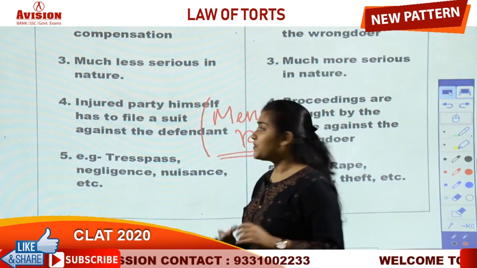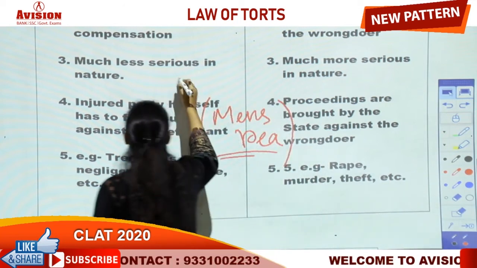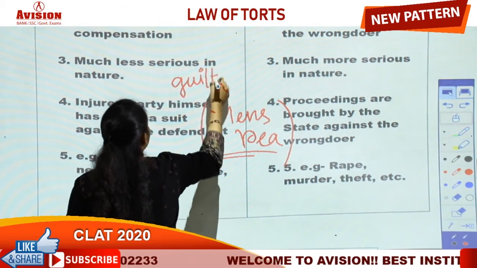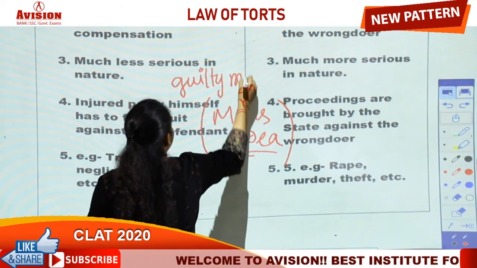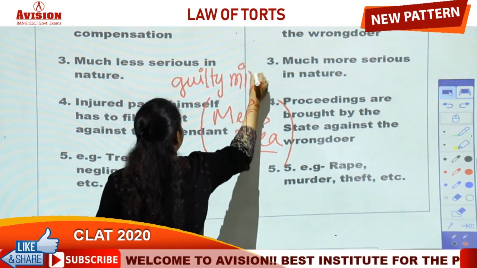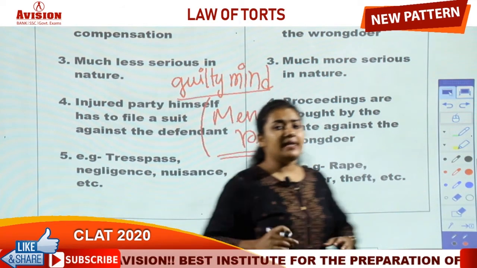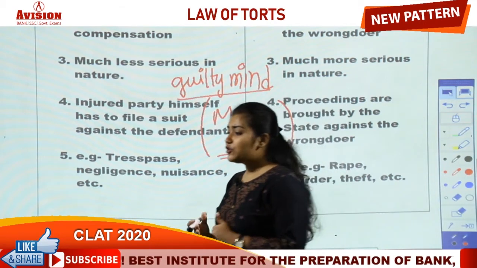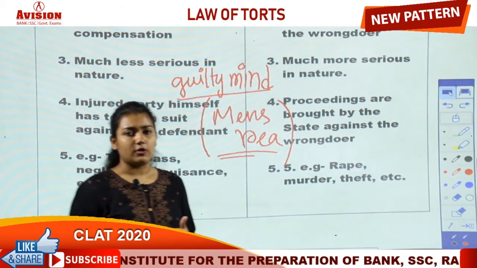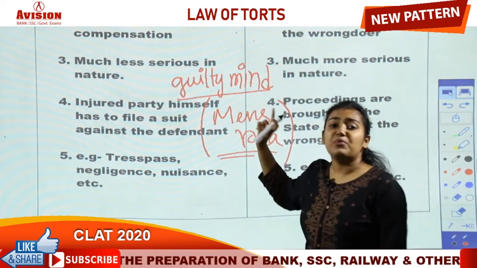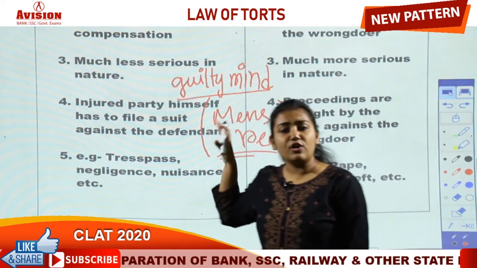The meaning of mens rea is a guilty mind. A guilty mind is very essential to prove a tort, whether a person was having a guilty mind or not.